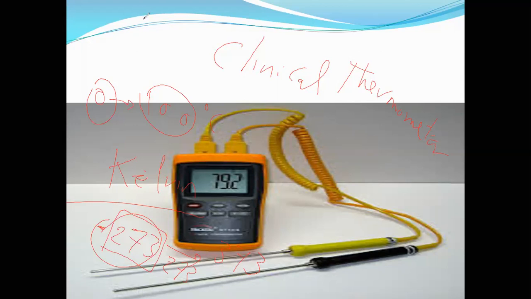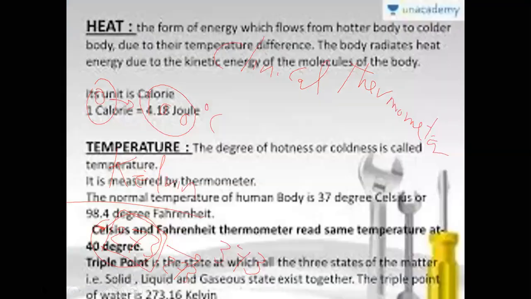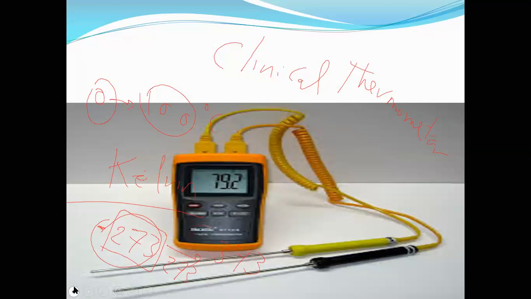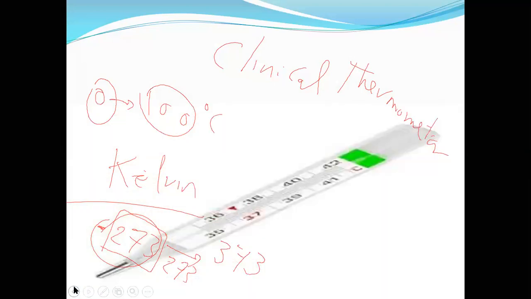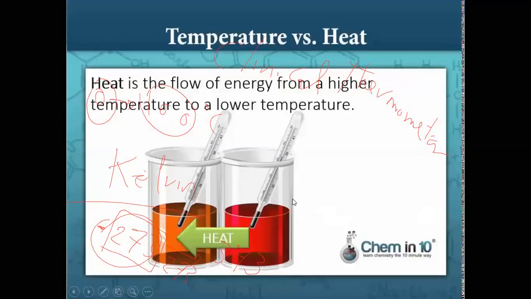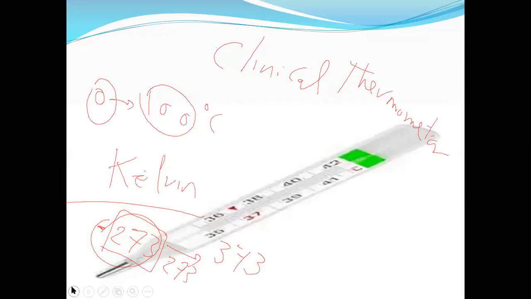Clinical thermometer. This is a clinical thermometer. You can see here, this is a very, very small thermometer.